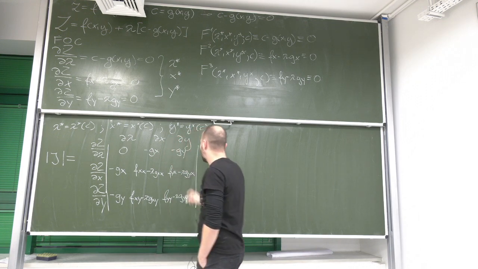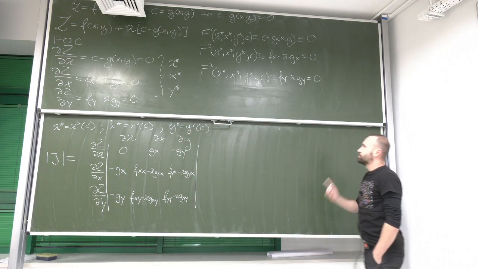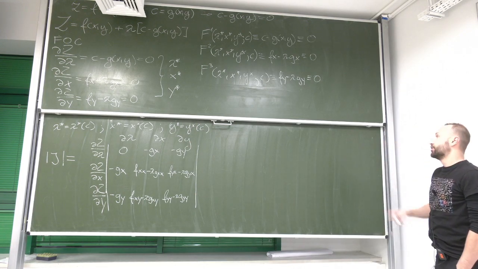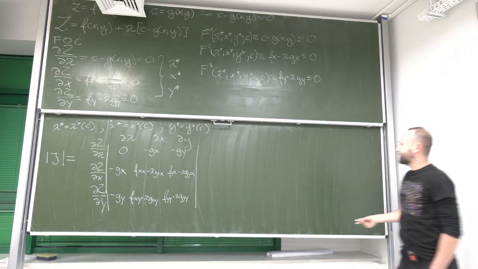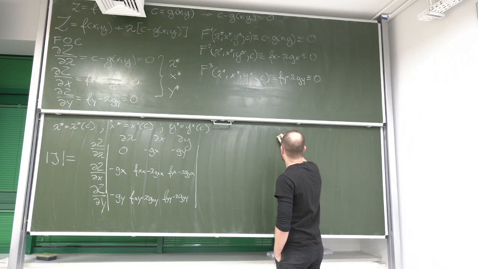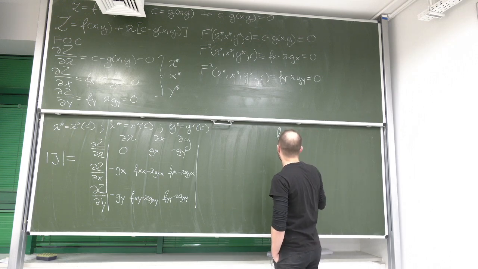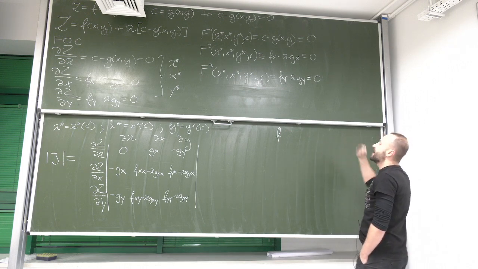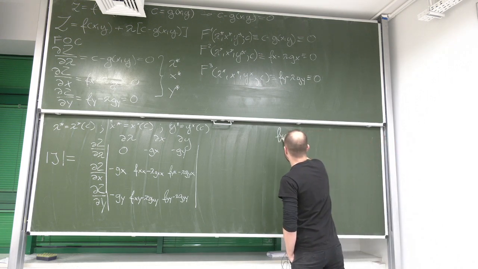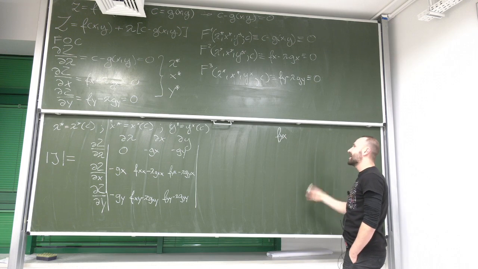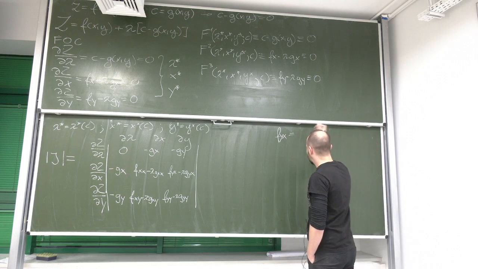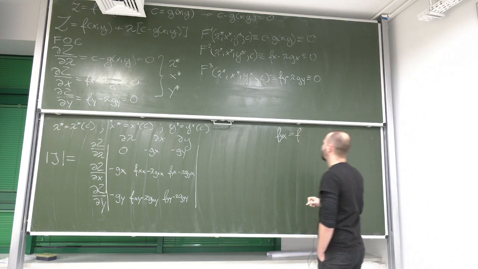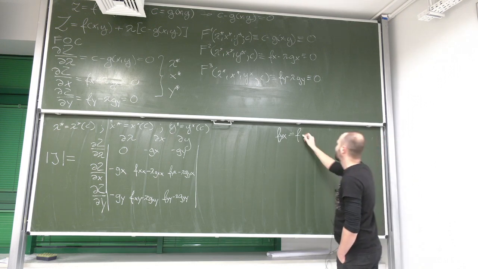However, we should remember one more thing: Young's theorem. Young's theorem says that if I take a function and differentiate it with respect to x and then with respect to y, I will get exactly the same result if I differentiate with respect to y and then with respect to x.